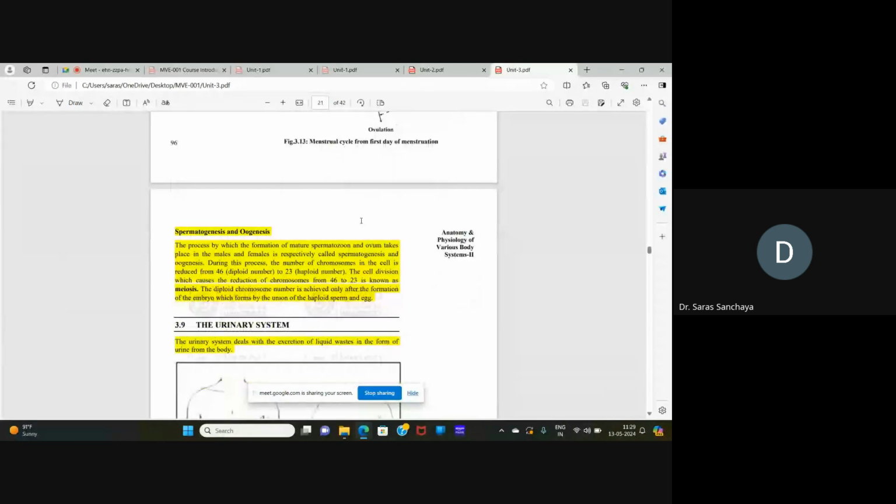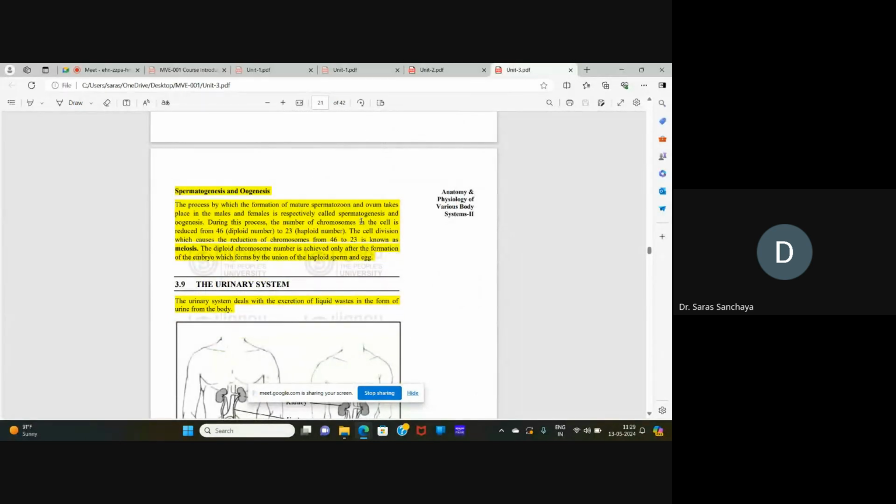Now, spermatogenesis and oogenesis. The process by which the formation of mature spermatozoa and ovum takes place in the males and females is respectively called spermatogenesis and oogenesis. During this process, the number of chromosomes in the cells is reduced from 46, that is diploid number, to 23, that is haploid number.